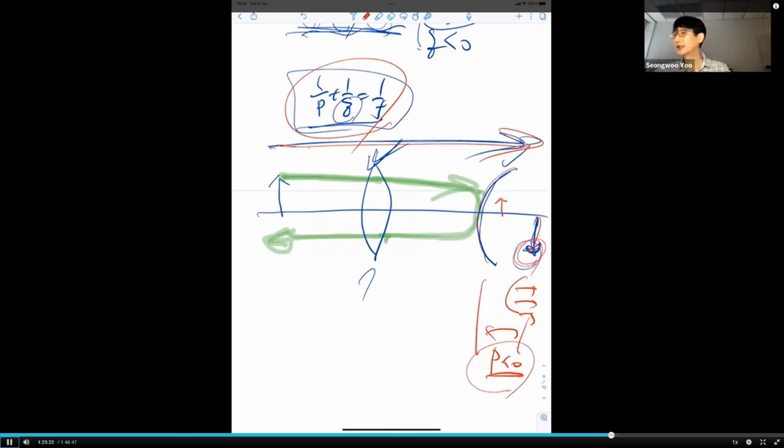Then this image now becomes an object for this lens. So this is our P3, the object for the lens. Is this P3 positive or negative? What do you think?